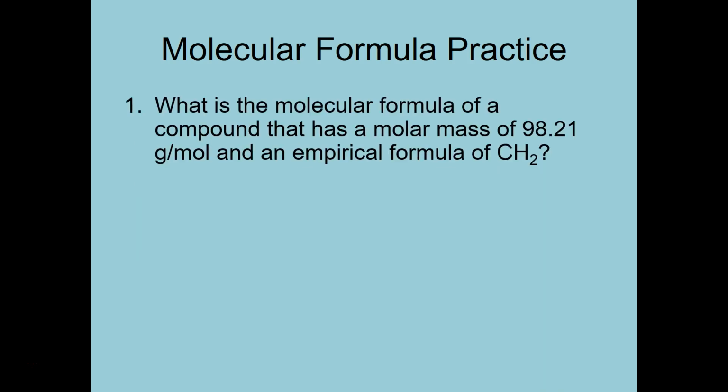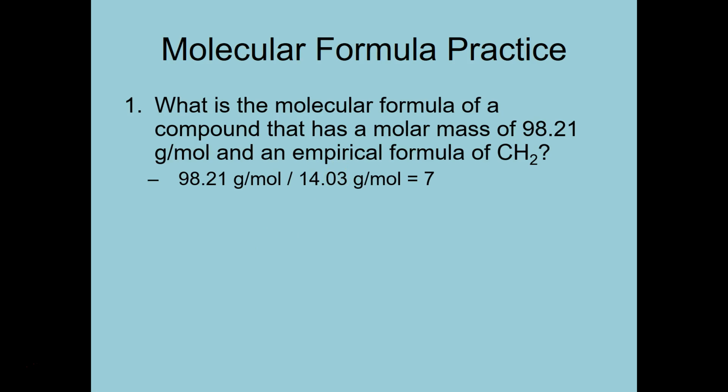All right, so you were asked what is the molecular formula for a compound that has a molar mass of 98.21 grams per mole and an empirical formula of CH2. So for step number 1, we are going to calculate the molar mass of CH2, which we got to be 14.03.